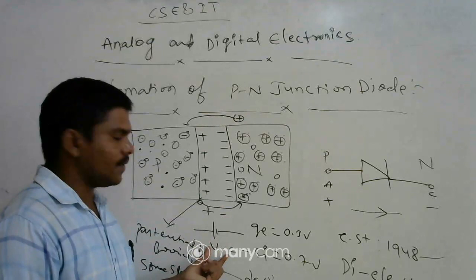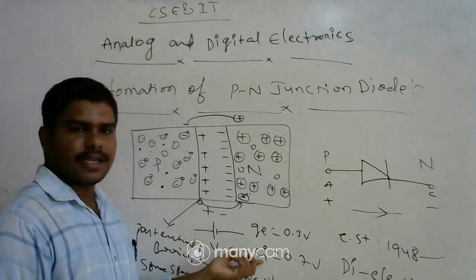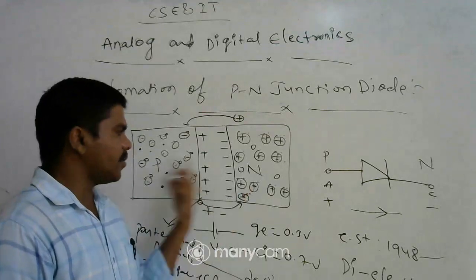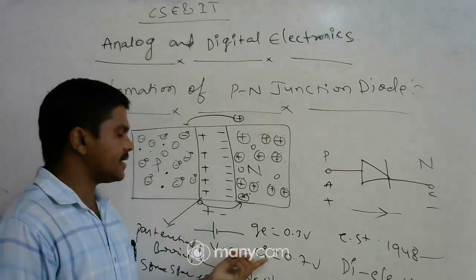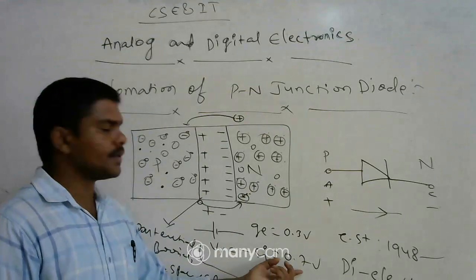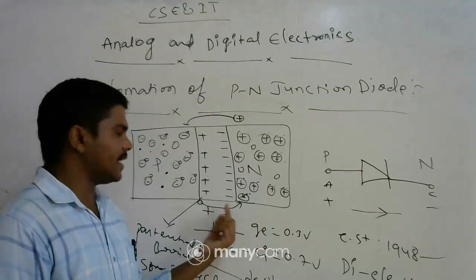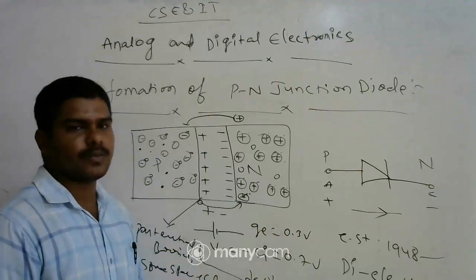If the material is silicon, the cut-in voltage is 0.7 volts. If it is germanium, the cut-in voltage is 0.3 volts.